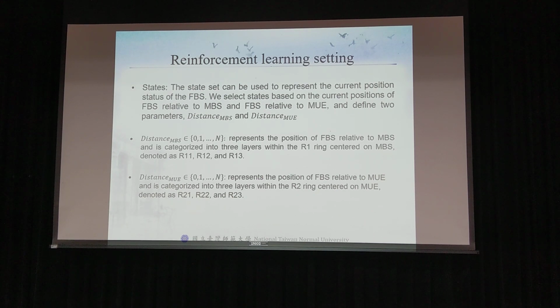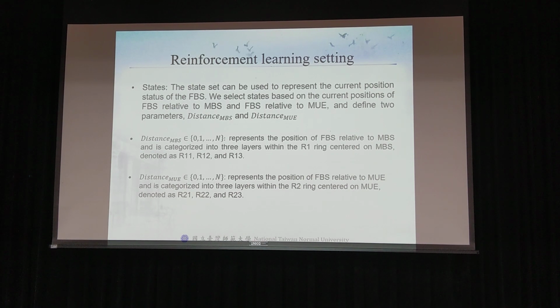Next, the state. We use it to represent the current position status of the FBS. We select state based on the current position of the FBS related to the MBS and the FBS related to the MUE. We define two parameters. The first one is the distance to the MBS. We see the ring from R1, which on the figure is the red ring.